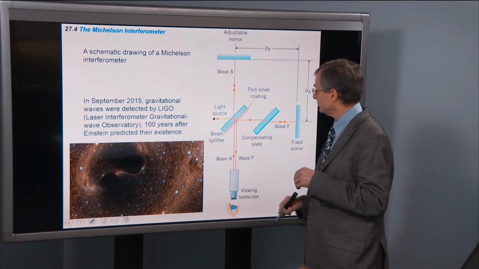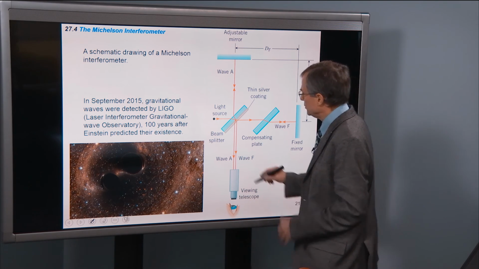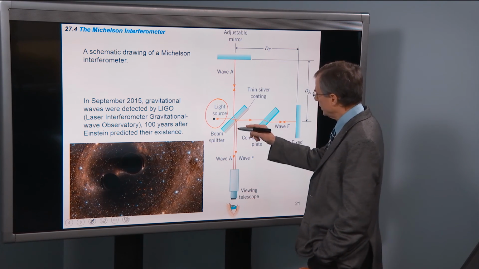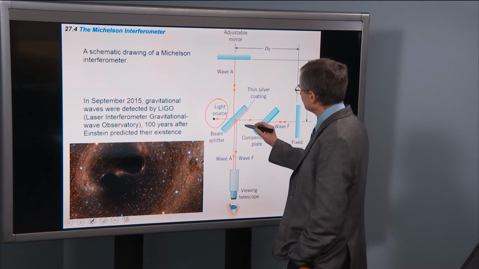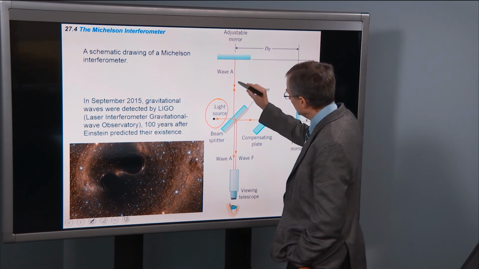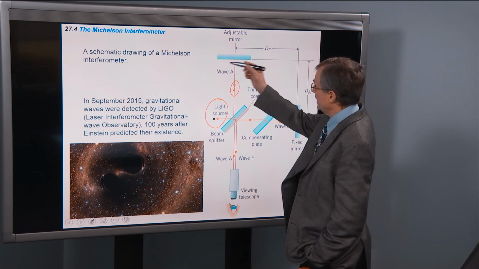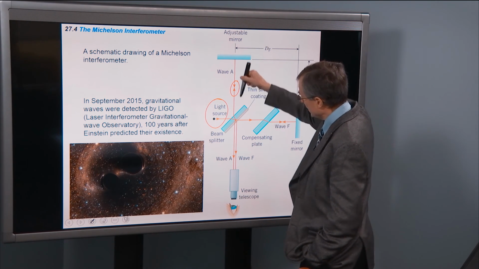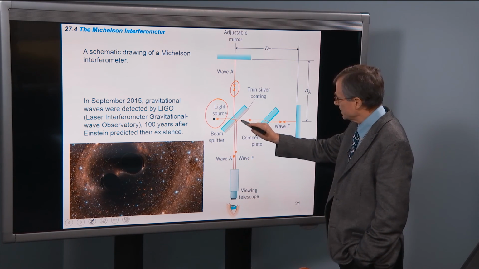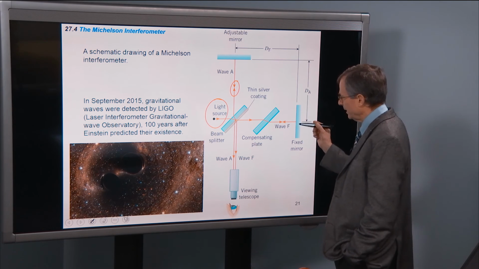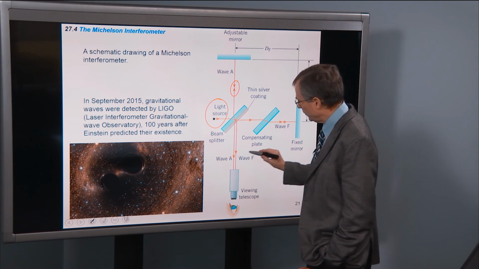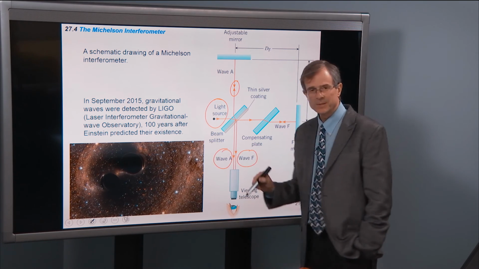The way that it works is you have some source of light that passes through a partially coated mirror. So some of the light gets reflected up off of the mirror and goes up this way, hits a mirror up here, reflects off the mirror and comes back. Then the other ray of light goes through this thin silver coating over this other way, reflects back, and then the two get combined, wave A and wave F. So you can think of this as wave 1, wave 2.